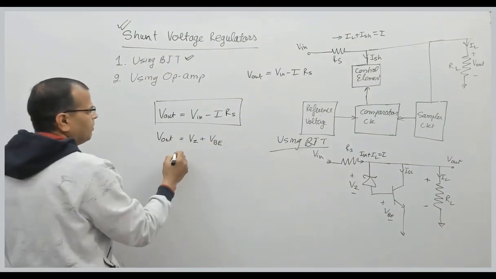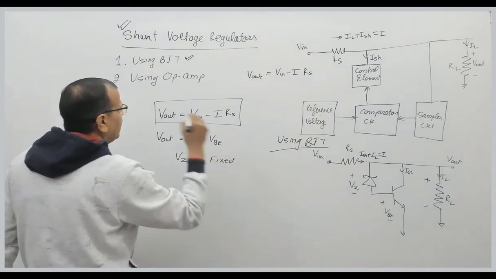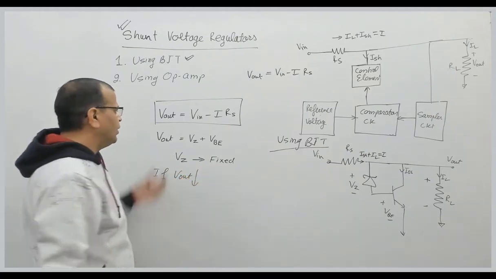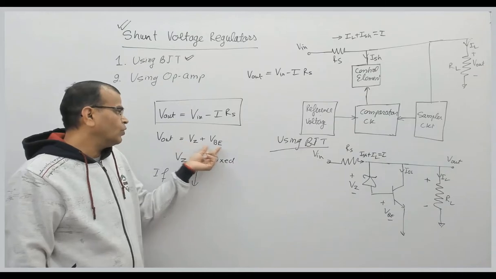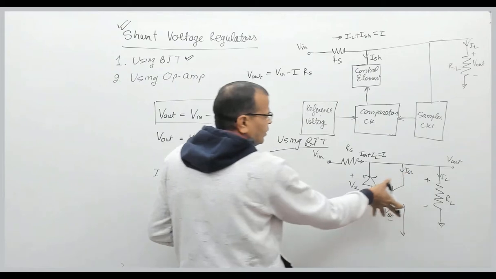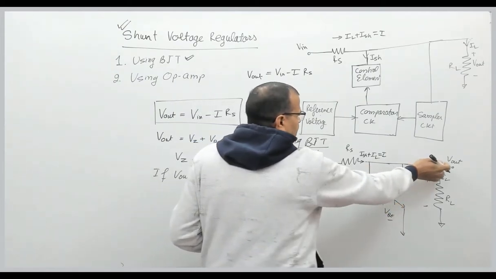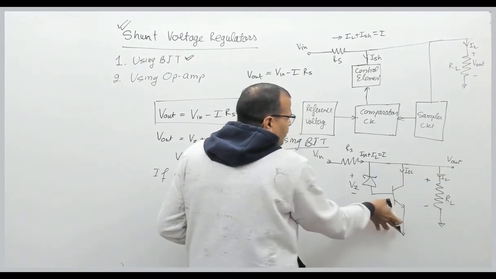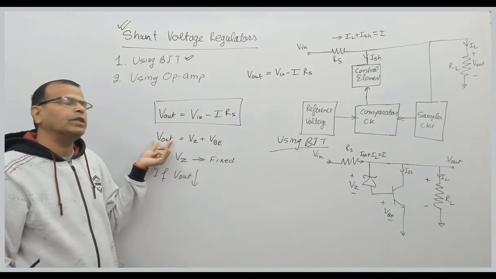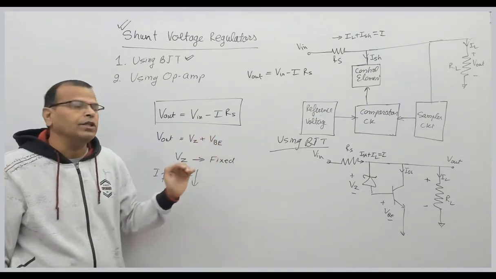Remember, the voltage across Zener diode is fixed, this is constant. So if the output voltage is reduced, Vz is constant, so VBE must be reduced.